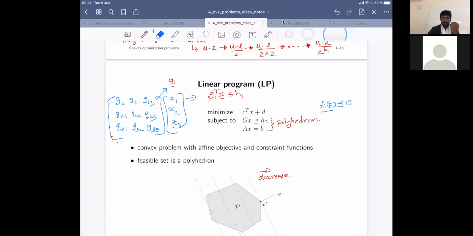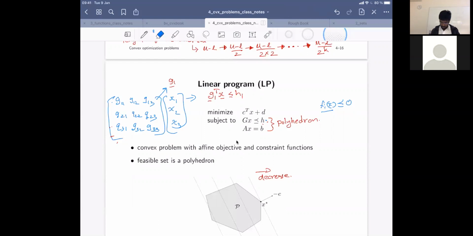Can I ask about this? This polyhedron, I still don't entirely see it. So this Gx is smaller than h. This G is 6 times 2 in dimension because it is a surface, just x1, x2, and it has 6 sides.